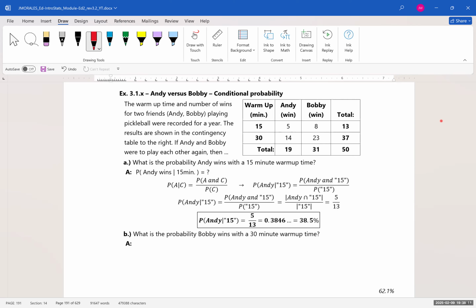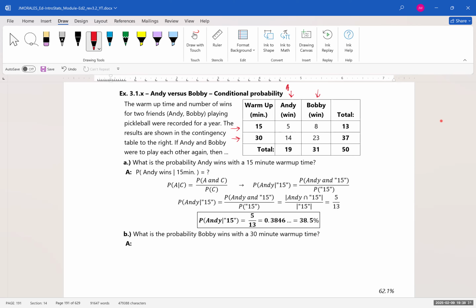So when we have what's called a contingency table, that means we have events that are aligned vertically, and we have events that are aligned horizontally. So we're going to look at the event of Andy winning.